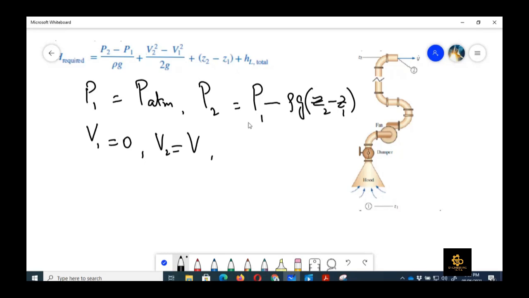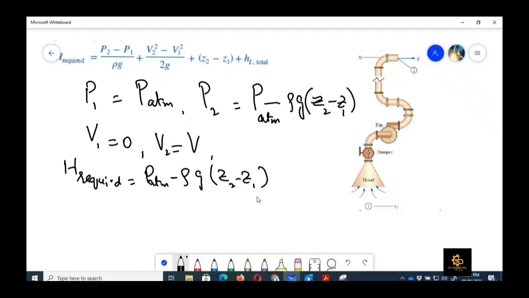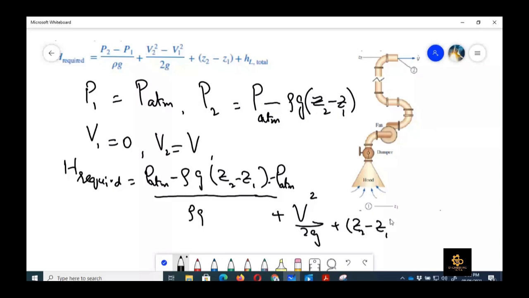Then Z2 minus Z1, we can just put in the values. If we put the values here, H required would be equal to P2, which is P atmospheric minus rho g (Z2 minus Z1), divided by rho g, minus P atmospheric, which is P1, and then plus V2, which is V, call it V squared upon 2g, plus Z2 minus Z1, plus HL major plus HL minor.